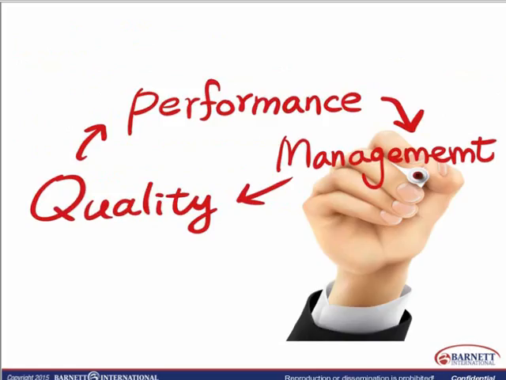So the first thing that we have here is a slide that shows a cycle of performance, management, and quality. You'll see that the hand is right there at the management piece. I'd like to point out here that a lot of this really starts with management. I cannot stress enough how important it is to have management support and emphasis when it comes to quality within an organization.